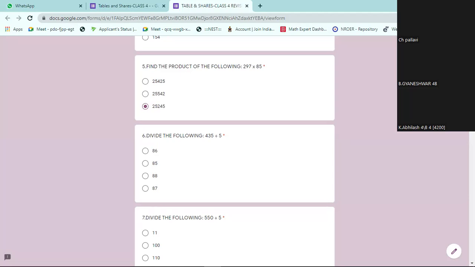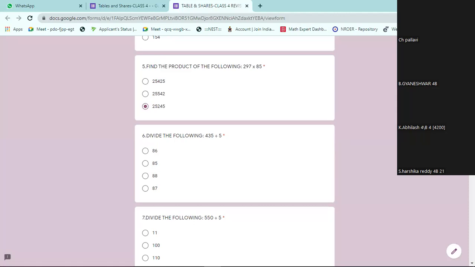If the direct method is not possible, there are many other methods. 5 tens are 50. No, I can take 20. 5 twenties will be 100. Continuous division with the 20, 100. So 435 minus 100 is 335, minus another 100 is 235, minus 100 is 135.